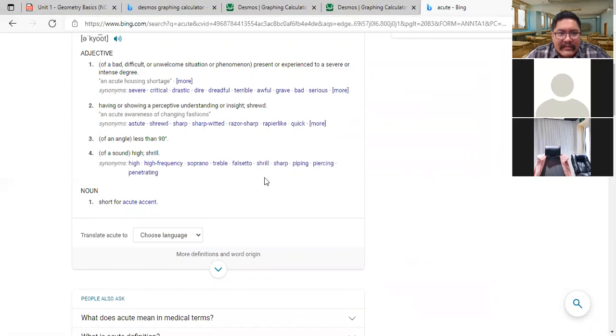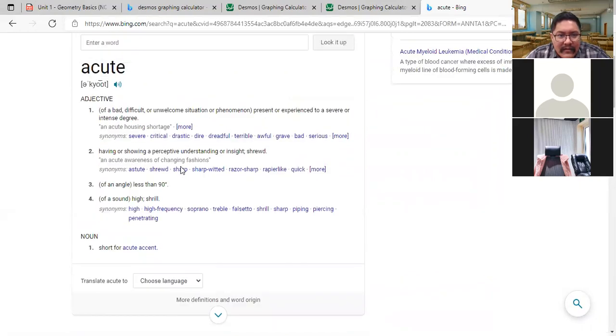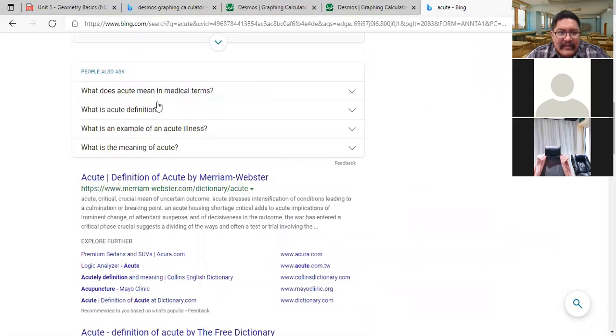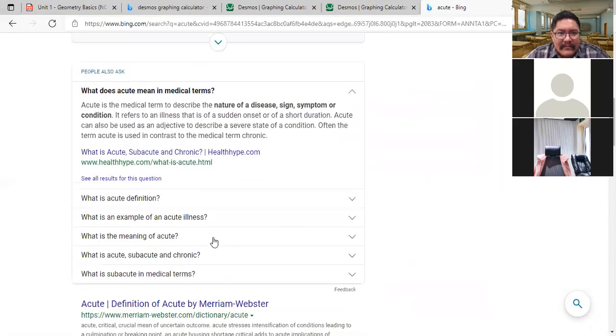Here it says angle less than 90 degrees, high, shrill, having someone perceptive and shrewd. That's weird. All of these seem like bad things. Can describe a severe condition. That doesn't make sense. I don't know.